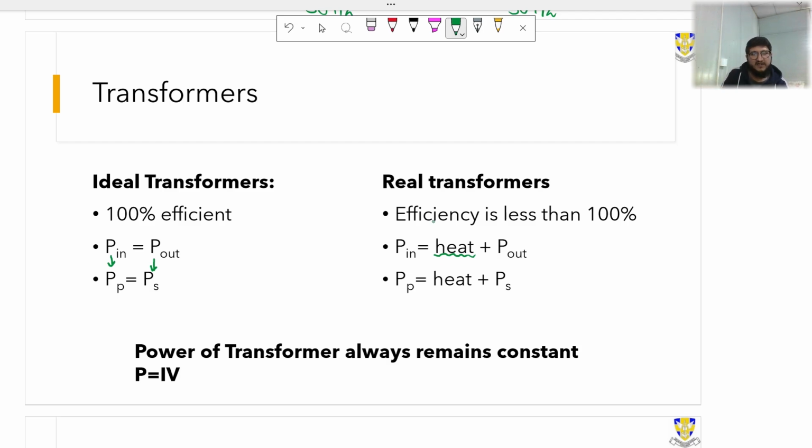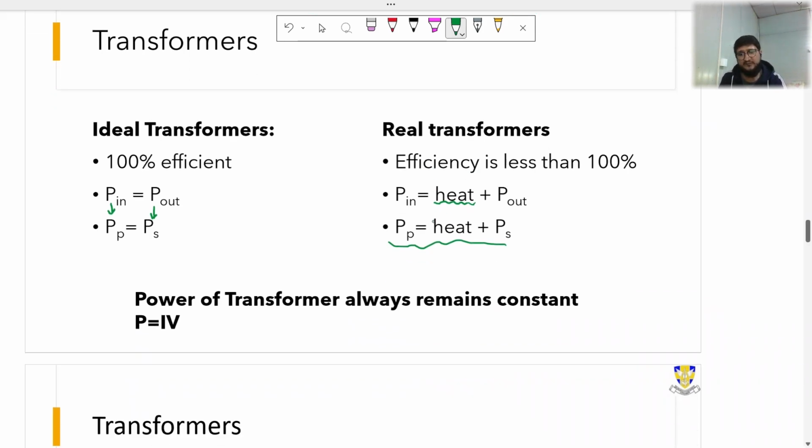So again, the actual transformer equation is this, that PP, that is the primary power, is going to be equal to the loss of the heat plus the secondary power. Okay, so one more important thing, the power of the transformer always remains constant. This is very important.